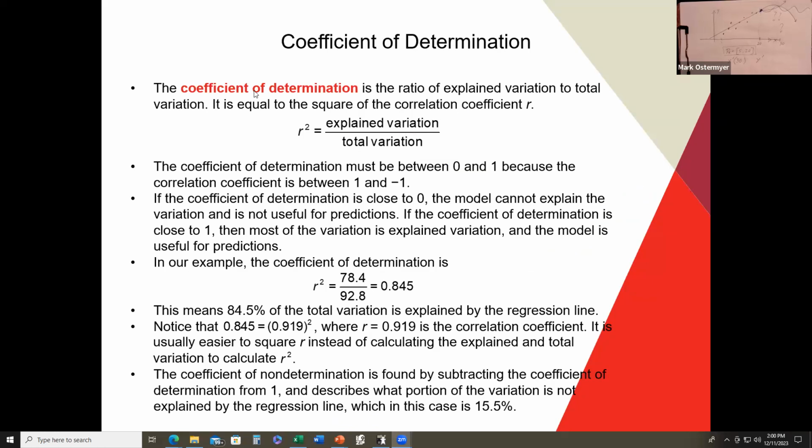So that brings us to the coefficient of determination, r squared, which is the ratio of the explained variation divided by the total variation. So if you take the explained variation and divide it by the total variation, you generate what is called r squared.